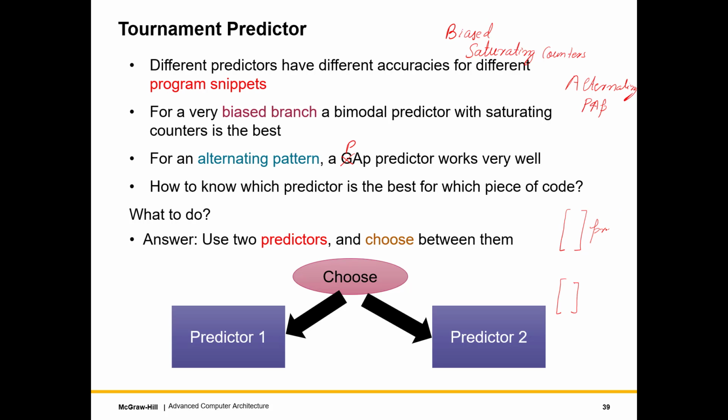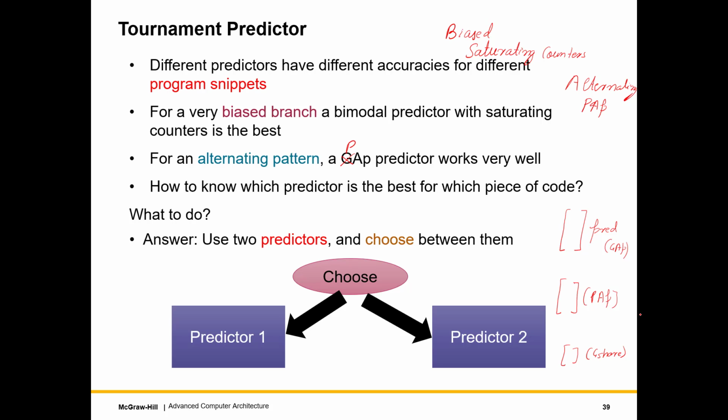Maybe for one region of the code, the GAP predictor is the best. For another region, it's possible that the PAP predictor is the best. Maybe for another region, the GShare predictor is the best, right? Because they have different behaviors, and for these different behaviors, different kinds of predictors work well.